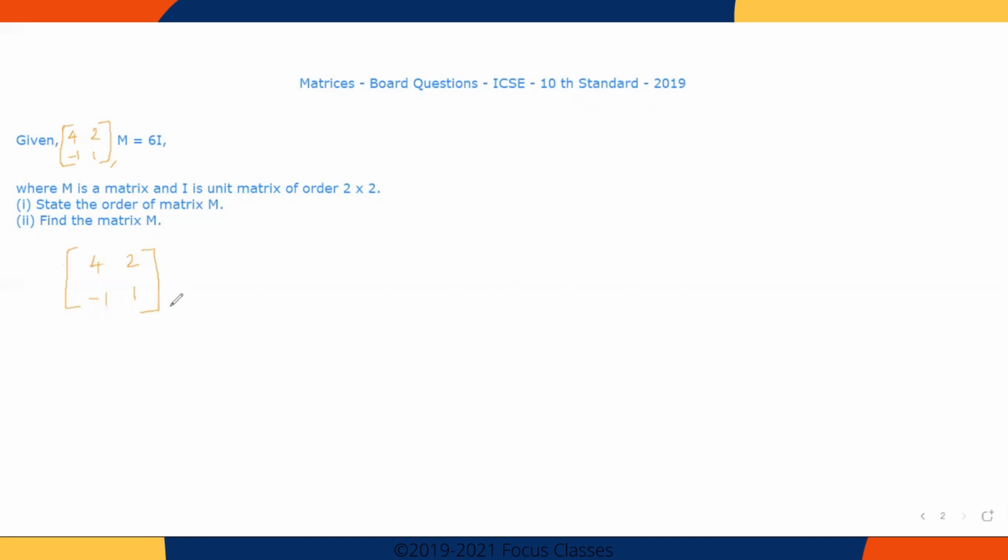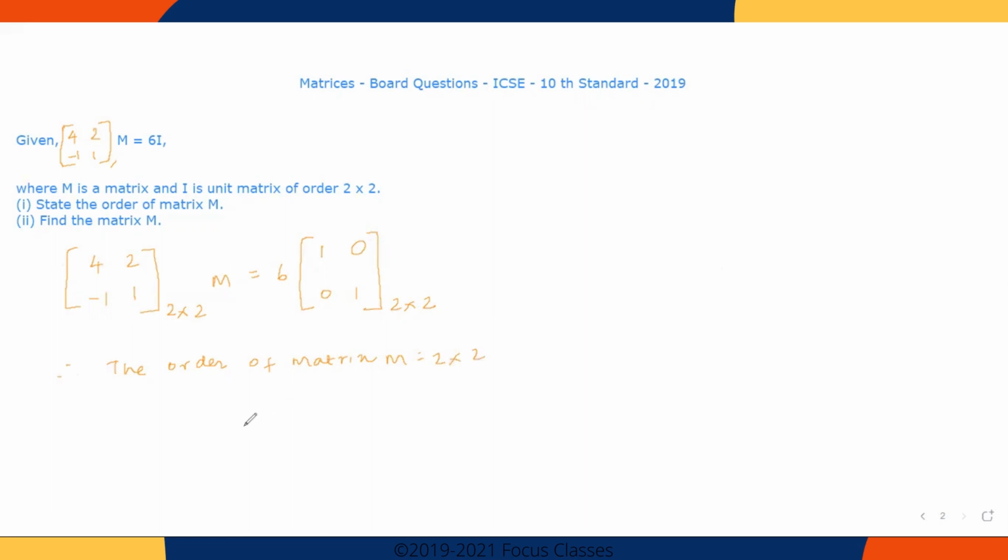As mentioned in the numerical itself, it is 2 cross 2, of M is equal to 6 of I. Identity matrix is nothing but [1, 0; 0, 1] of 2 cross 2. Therefore, the order of matrix M is 2 cross 2.